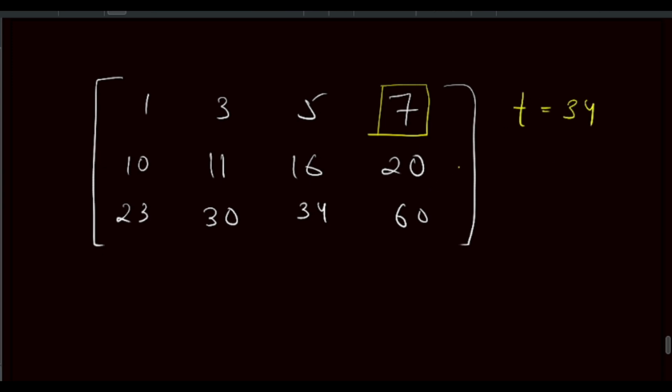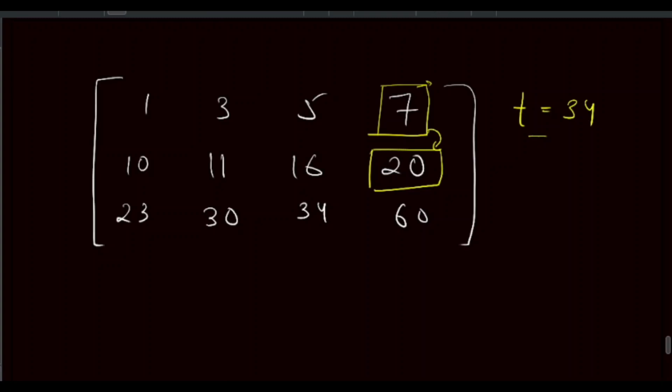I'm looking for the target. I'll compare the target with 7, and the target is greater than 7. So when your target is greater than the current element, we move to the next row. So we move here, and now our current element is 20.